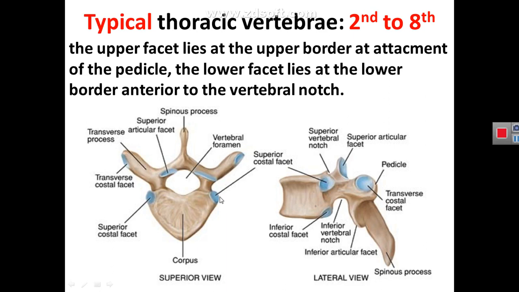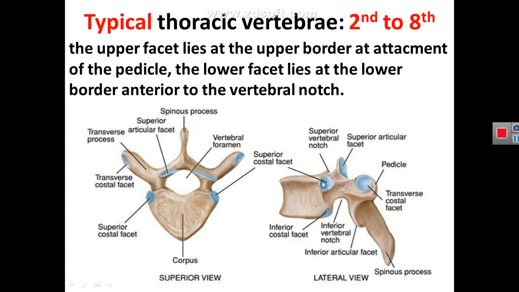In addition, you can see that the pedicles of the vertebra are directed backward, and above and below the pedicles are the superior and inferior vertebral notches respectively. The superior vertebral notch is shallow while the inferior vertebral notch is deep, and these notches form the intervertebral foramina in the subsequent chain of thoracic vertebrae.